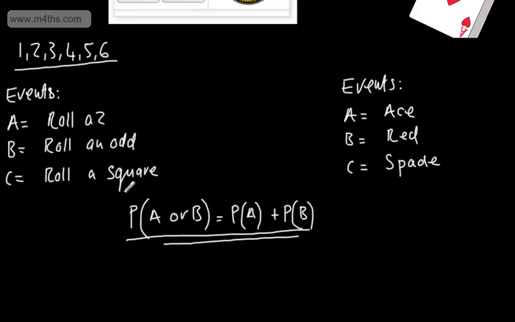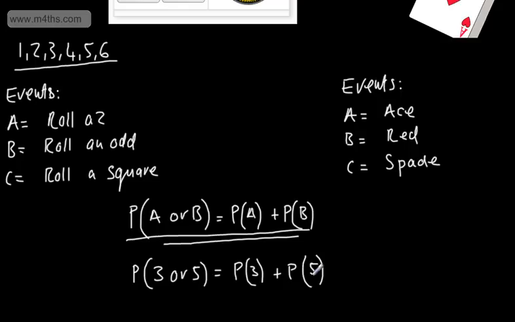So let's now find the probability, on our fair six-sided dice, of obtaining with one roll a number 3 or a number 5. This is simply given as the probability of a number 3, add to it the probability of the number 5. So if we go back to the last video, the probability of something happening is the number of favourable outcomes divided by the total number of outcomes.